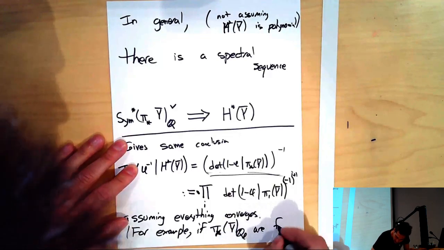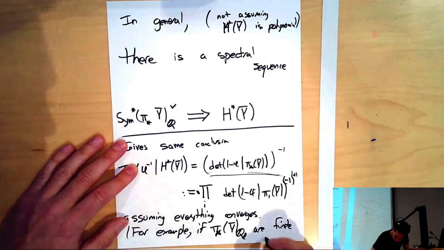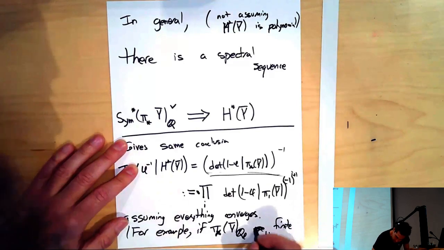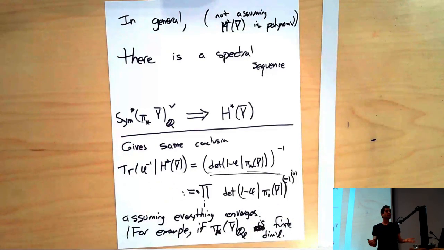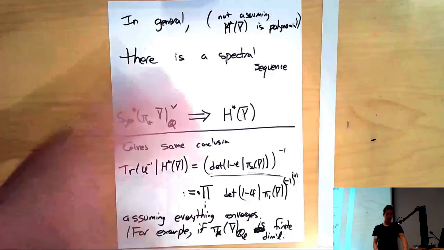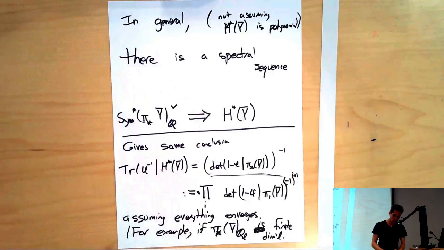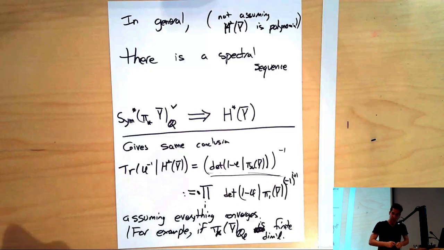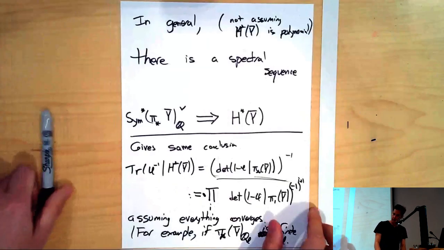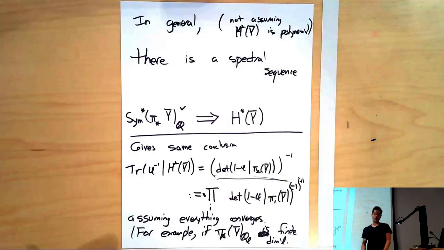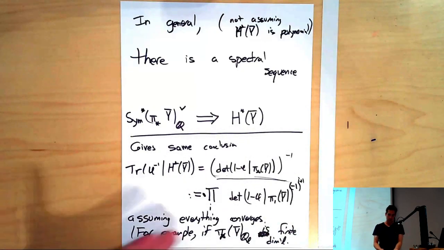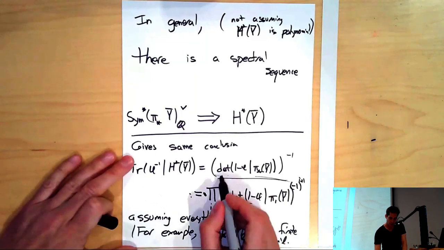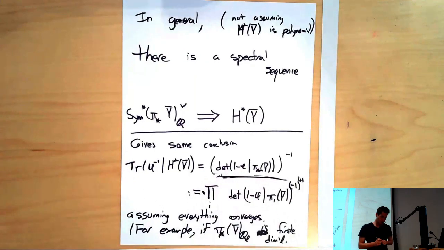They're automatically finite dimensional in each degree under the assumptions that I mentioned earlier, and if they're concentrated in finitely many degrees, then everything will converge and you will get this conclusion. Therefore, the Grothendieck-Lefschetz trace formula will be equivalent to something that you can state in terms of this determinant of 1 minus Frobenius on pi star of y.